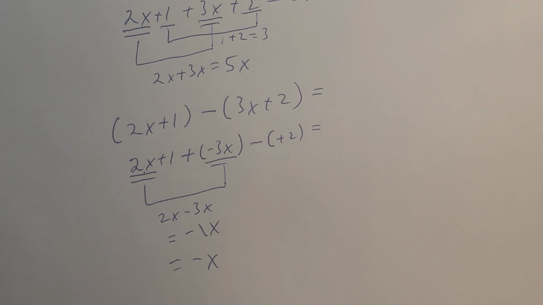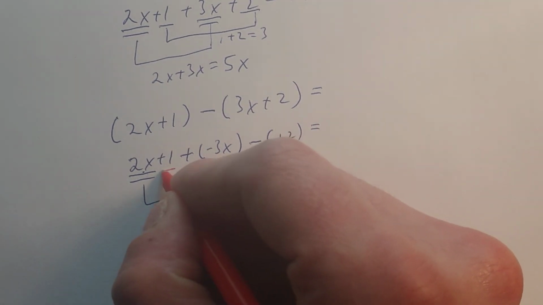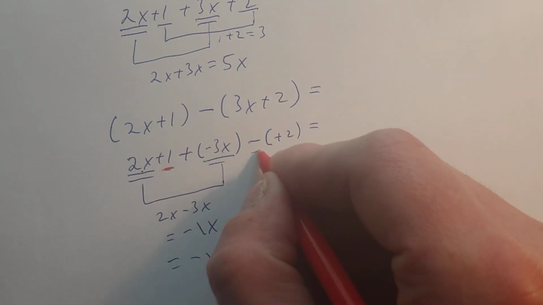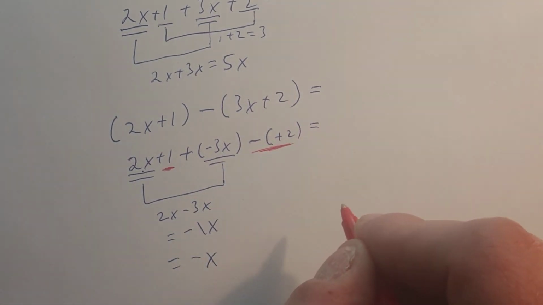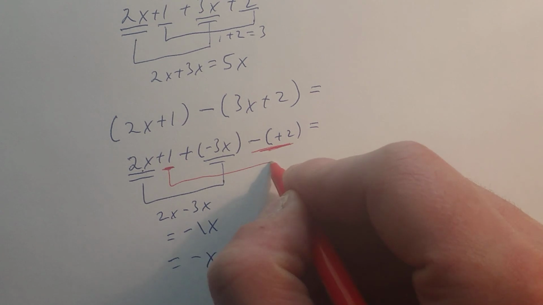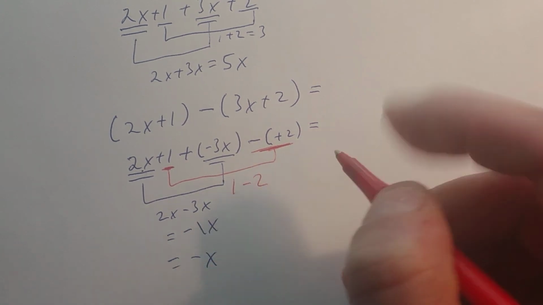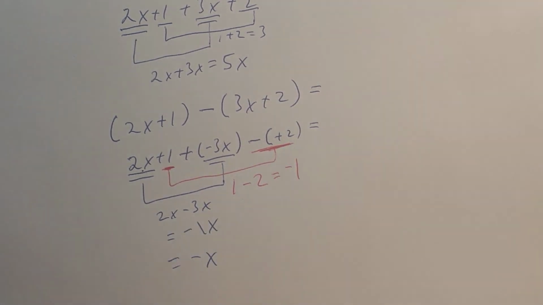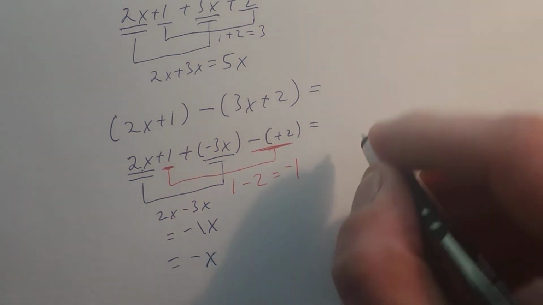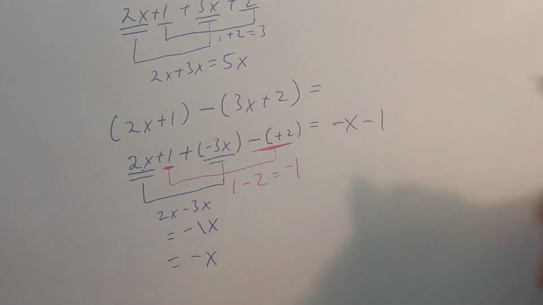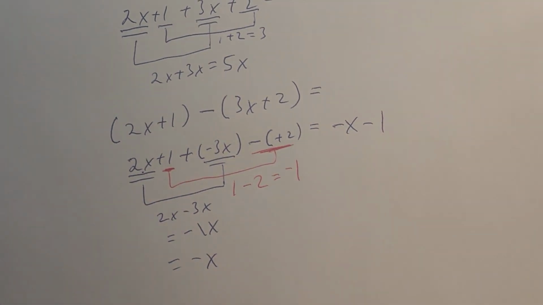Then you have to put together your other ones. So I have a +1 minus 2, okay? So when I put those two together, I get a 1 minus 2, and 1 minus 2 is -1. So when I put these together, I get a -x minus 1, like that, okay?